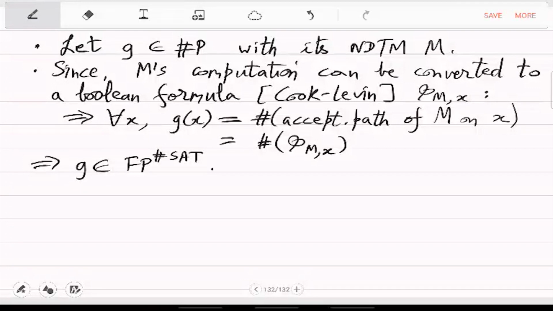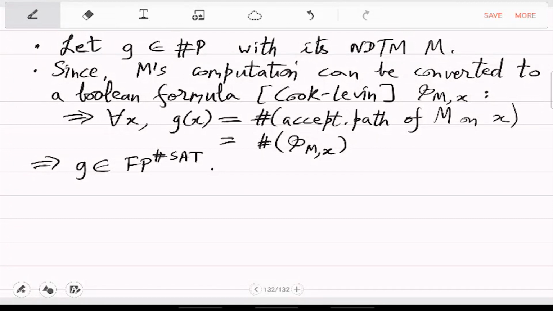So think of Cook-Levin reduction as an efficient function, which it is. It was just quadratic blow up, and then you can make a #SAT call. Right, and once you have the #SAT call, you will know the value G of x.